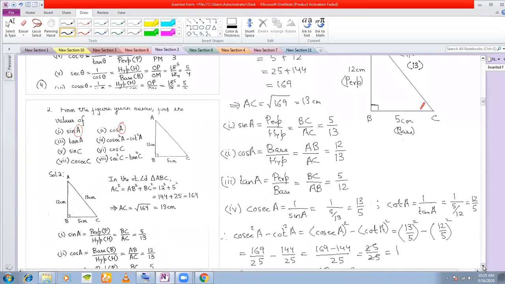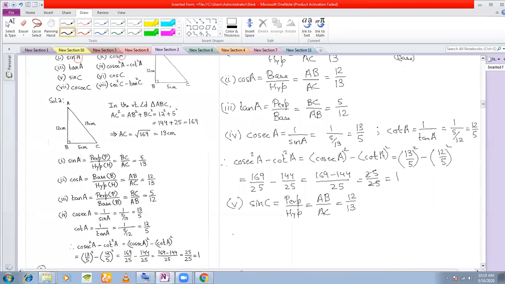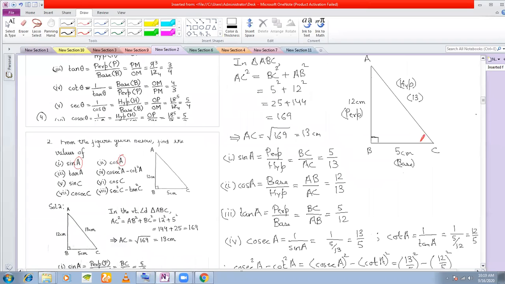So I hope you have understood the distinction: how to check which is the perpendicular and which is the base. Any questions in that context? Yes, tell me any questions in that context. No, sir. So you know how to identify.